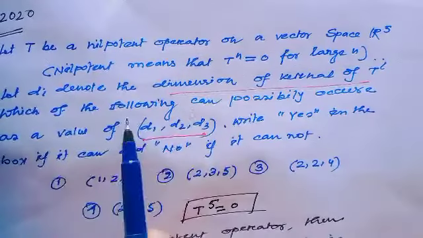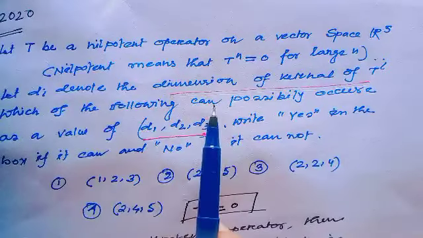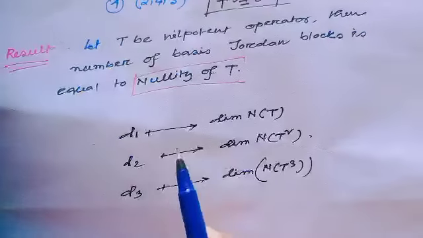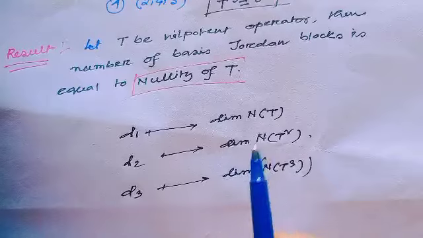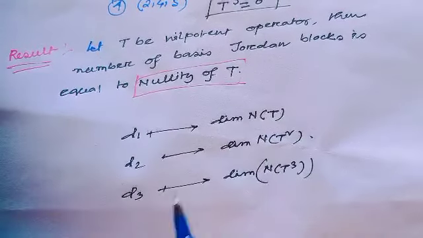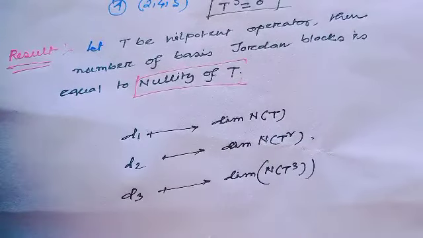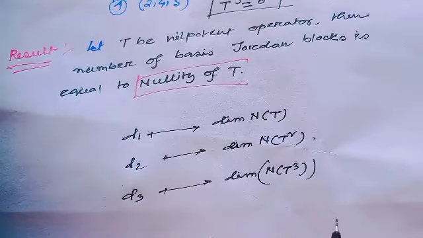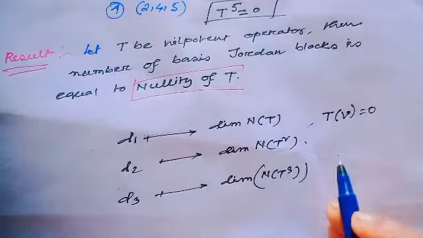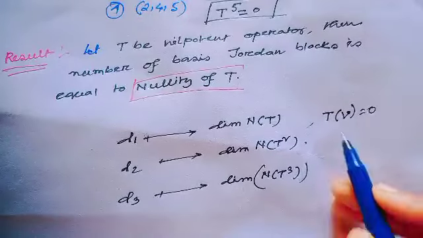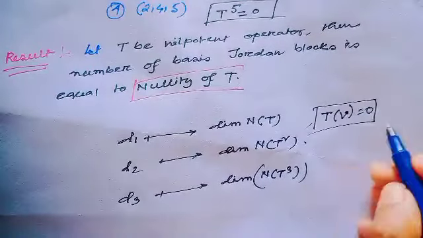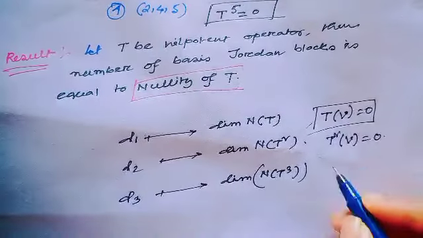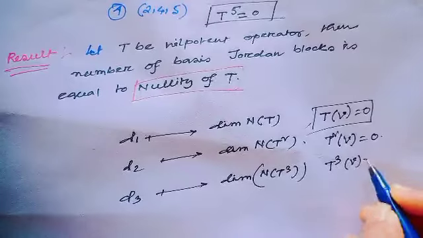Since d_i denotes the dimension of the kernel of T^i, d1 is the dimension of the null space of T, d2 is the dimension of the null space of T square, and d3 is the dimension of the null space of T cube. If Tv equals 0, then T square v equals 0 and T cube v also equals 0.